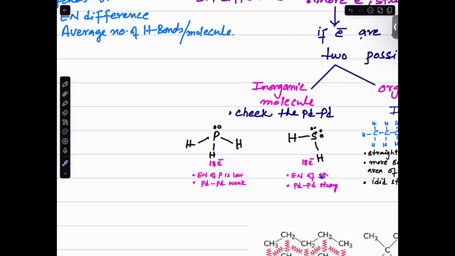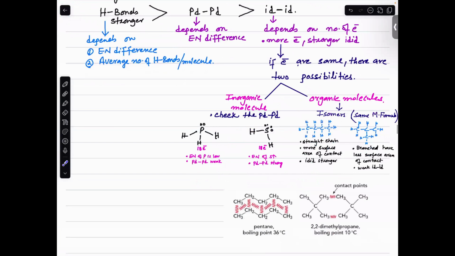Because their electronegativity differences are different, right? And if the molecules are organic, then there is a possibility of isomers. See, straight chain has more surface area of contact, branched has less surface area of contact; straight chain has more contact points, branched has fewer contact points.